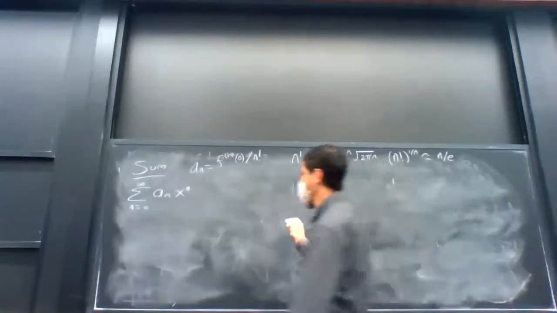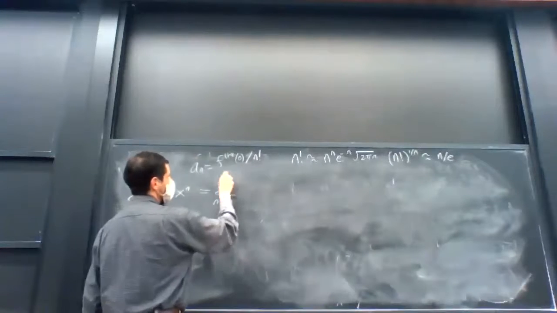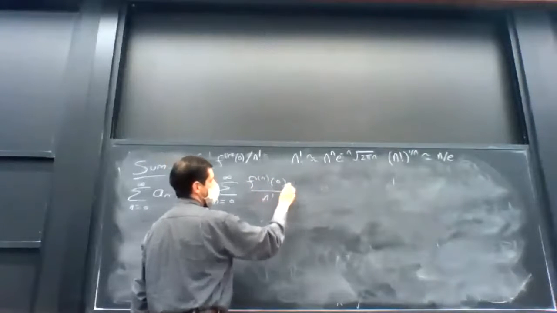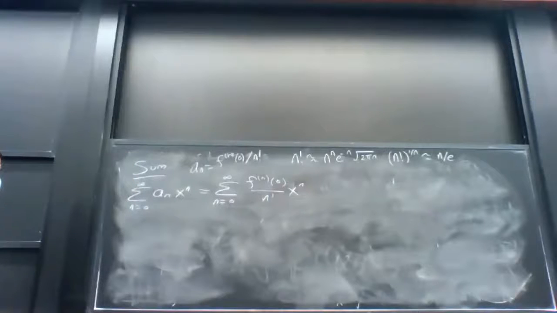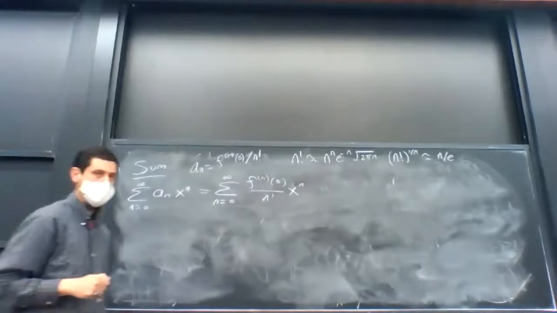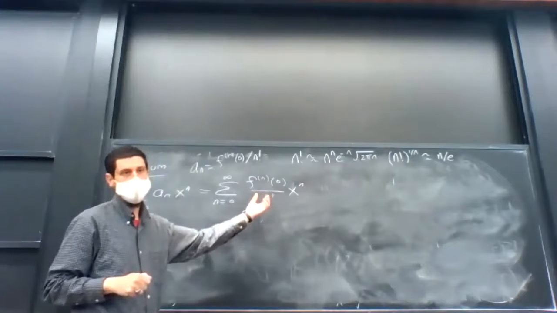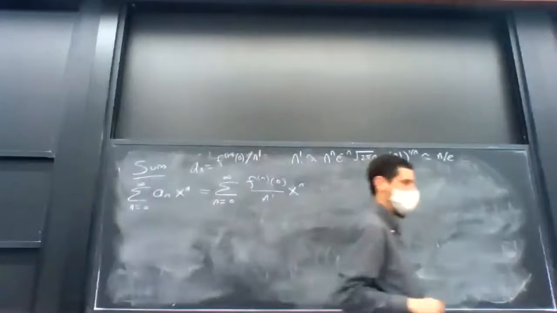Okay, let's write it out a little more explicitly. Let's say it's the sum n goes from 0 to infinity, the nth derivative at 0 over n factorial, times x^n. We have lots of different tests we could use to find out whether or not this converges. N factorial is growing tremendously fast. X^n is only growing exponentially.